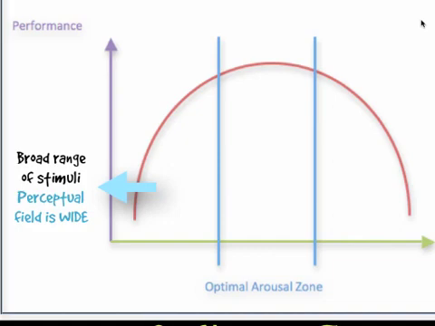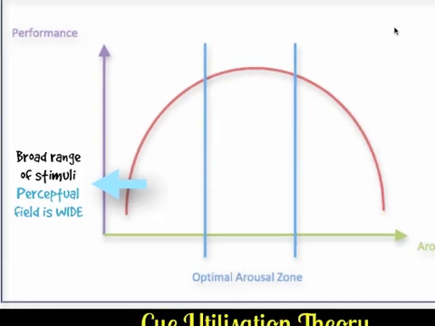So let's say we were playing hockey, we're dribbling a ball in hockey, we've got to think about the stick, we've got to think about the ball, we've got to think about our opponents, we've got to think about our own players, we've got to think about the crowd environment, we've got to think about the referee, the pitch, the temperature, the wind, etc, etc. Now, if my arousal level is very low, I will be thinking about all of those factors and not focusing enough on what I need to be thinking about, which may be the dribbling action itself, or coming up to an opponent, or making a decision.